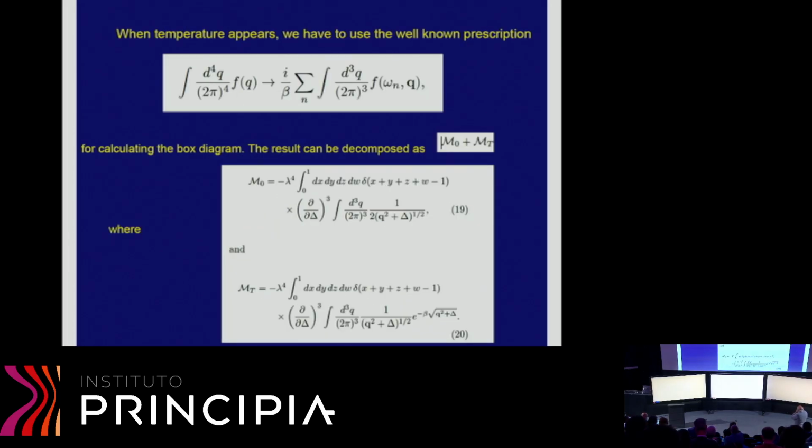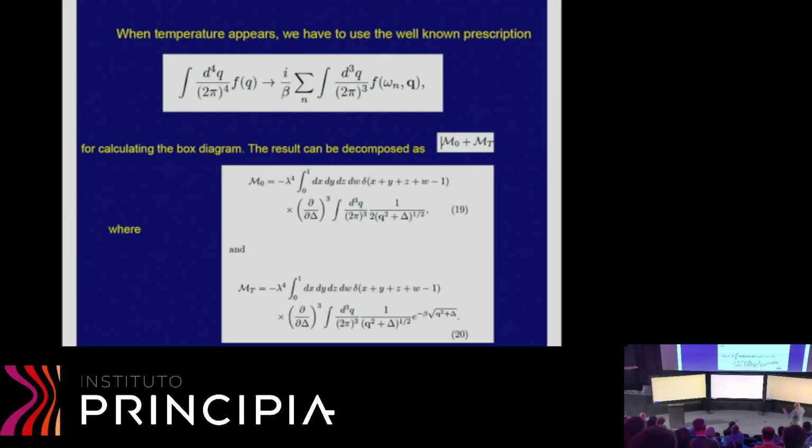Now we repeated the calculation with temperature effects. You compute everything keeping in mind that, having temperature, when you have an integral over d4q, the q0 becomes a sum over Matsubara frequencies, bosonic frequencies, and then you have this. You first calculate the box diagram.